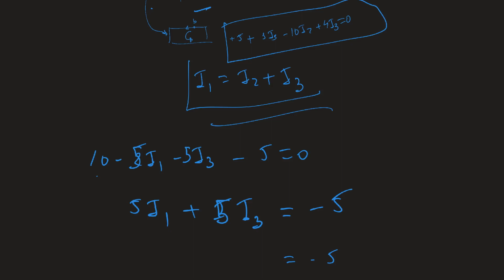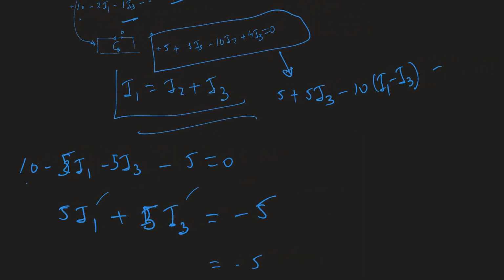I wrote the second equation in terms of I1 and I3, so it will be 5 plus 1I3 and 4I3, 5I3, minus 10I2, but I2 is I1 minus I3, and this is equal to 0.